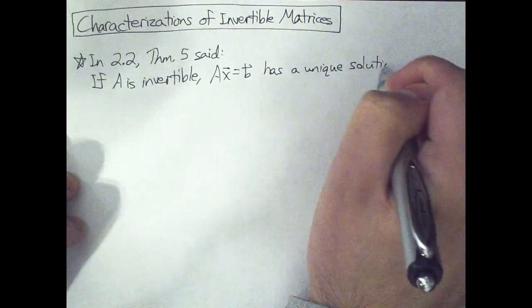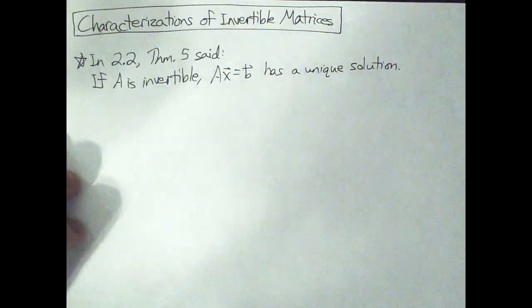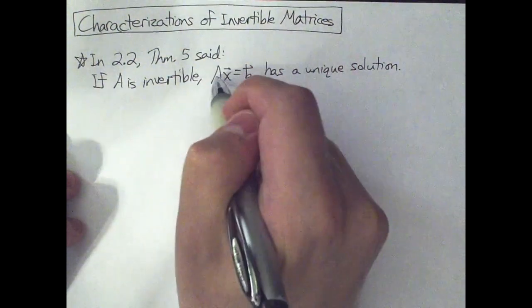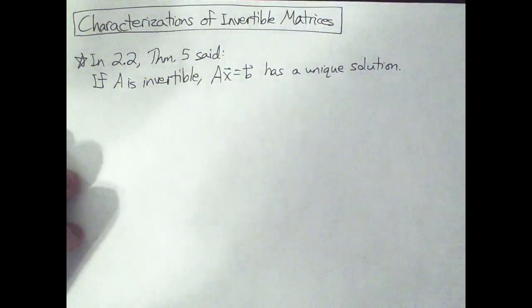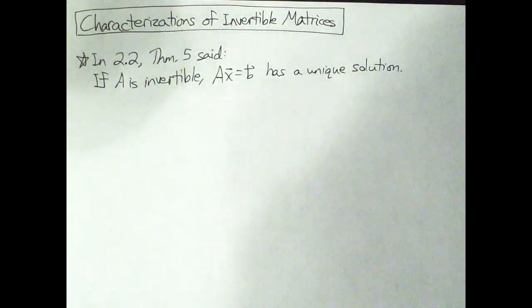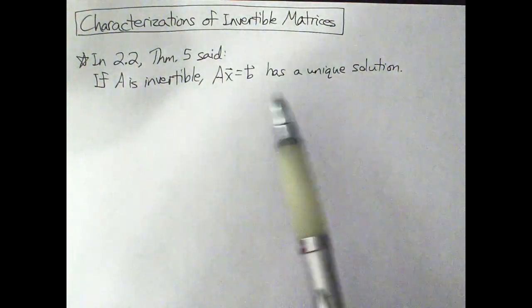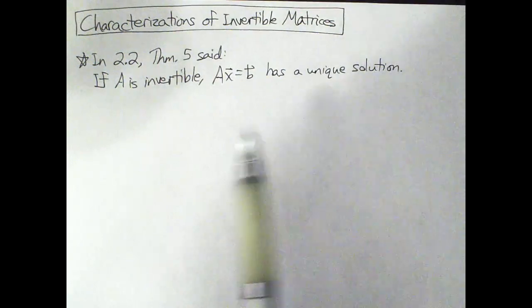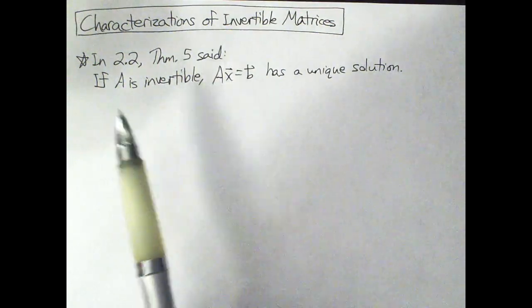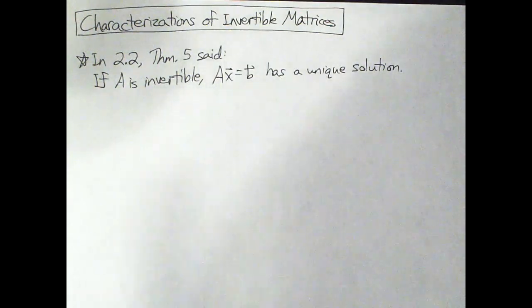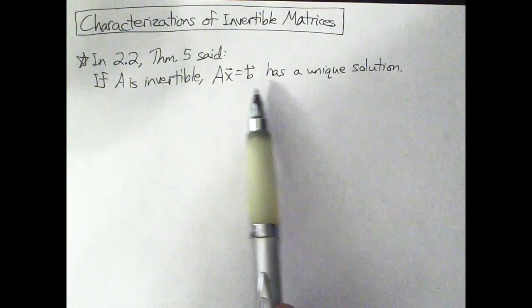Now, the theorem actually said a little bit more than just that. I'm just paraphrasing the most important point for us right now. I believe that this theorem also said specifically what that unique solution is. That solution is X equals A inverse B. But for now, we just know that if a matrix is invertible, then this matrix equation has a unique solution.